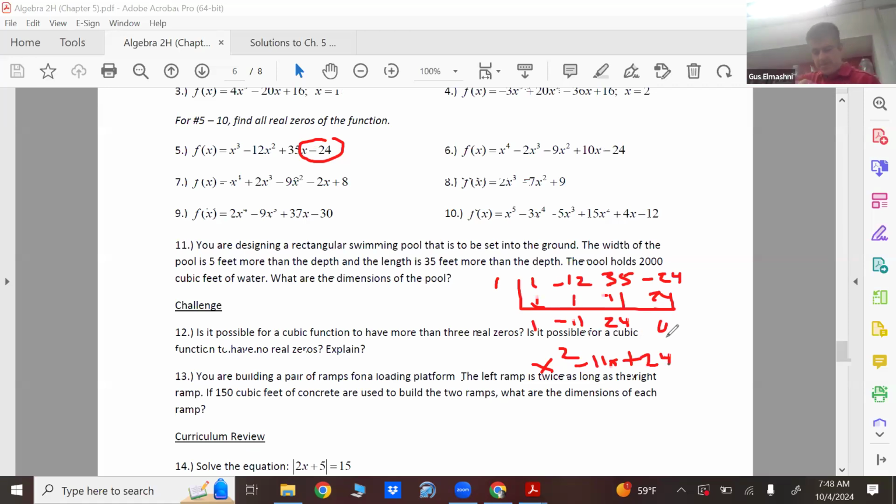Once you're writing out, write out all the factors of 9. So what are the factors of 9?